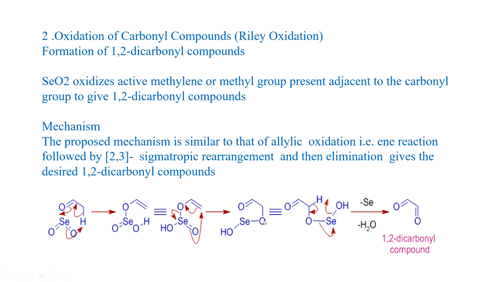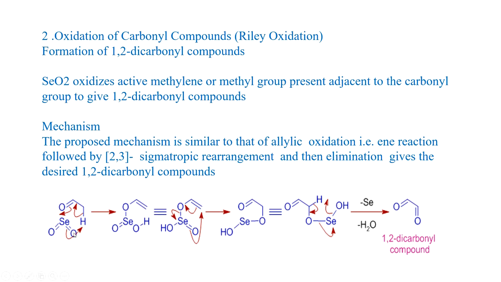The proposed mechanism is similar to the mechanism of allylic oxidation. You can see in the first step an ene type 4+2 cycloaddition takes place to form this product, an allylic selenic acid derivative. See, it is a 2-pi system and selenium dioxide is a 4-pi system.